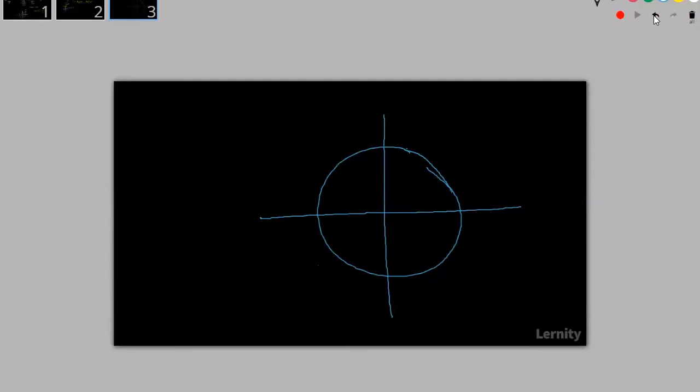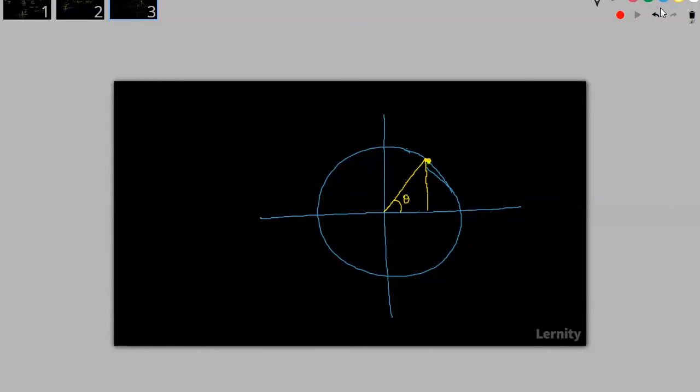Suppose I take any point on this circle, and I can draw a line here. So this is the point. If I drop a perpendicular here, this angle will give me a theta.